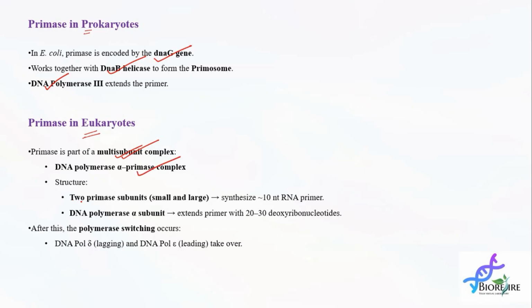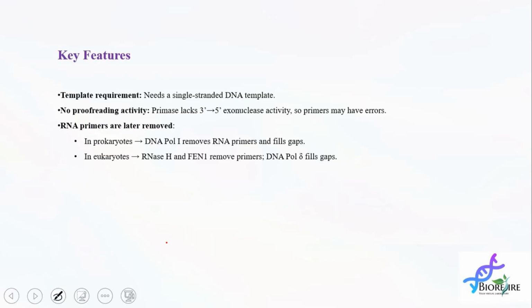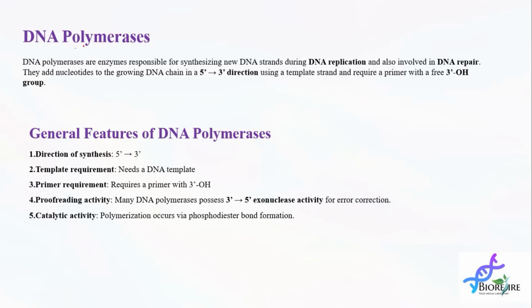In structure, it contains two primase subunits, small and large, and it synthesizes RNA primers of about 10 nucleotides. The DNA polymerase alpha subunit extends the primer by 20 to 30 deoxyribonucleotides. After the primer switching, DNA polymerase delta binds on the lagging strand, and DNA polymerase epsilon binds to the leading strand and performs the elongation. Now we discuss the polymerase enzyme.